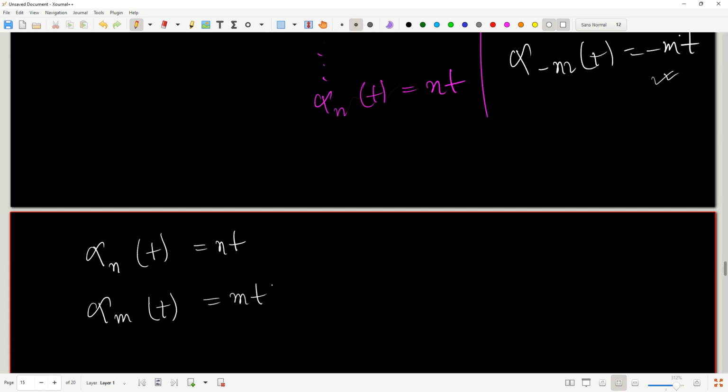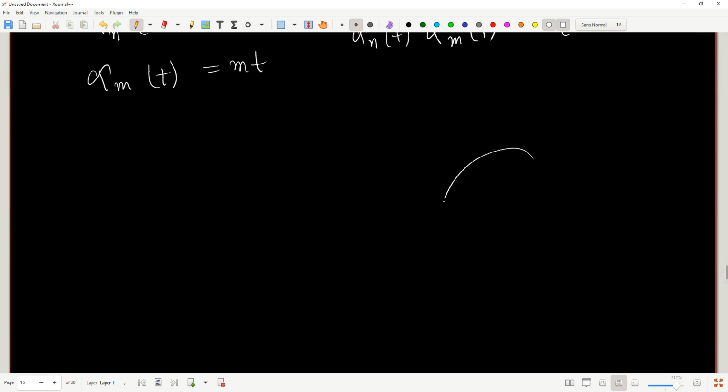Again, these are just individual loops, right? So if you take their product, alpha n of t, alpha m of t is nothing but the m plus n of t. How? Well, let me again show you by the diagram. Again, this is our circle.